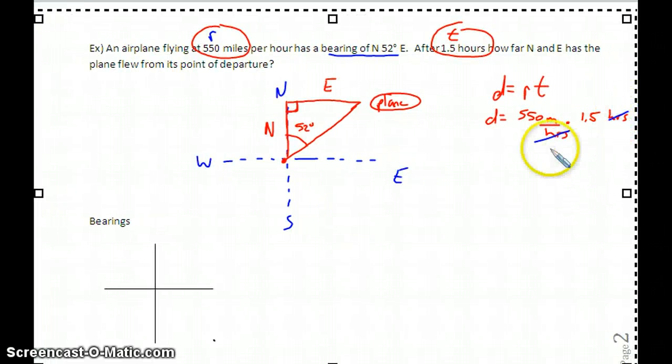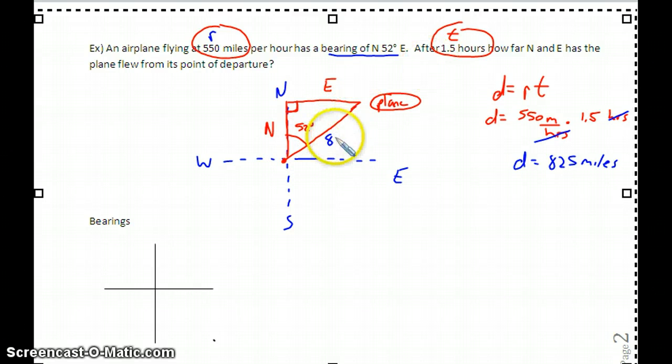And 550 times 1.5 ends up giving me 825 miles. So I know that this distance here, the hypotenuse, would be 825 miles.